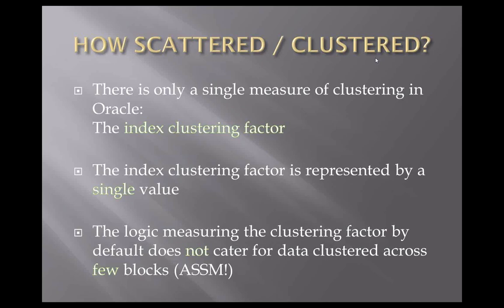So basically the clustering factor can be as low as the number of blocks that are covered by the index or as high as the number of rows that are covered by the index. If the clustering factor is low, close to the number of blocks, then the data in the table is very well clustered in comparison to the order in the index. And if you have a high clustering factor, then the data is highly scattered. So that is what the optimizer knows about.